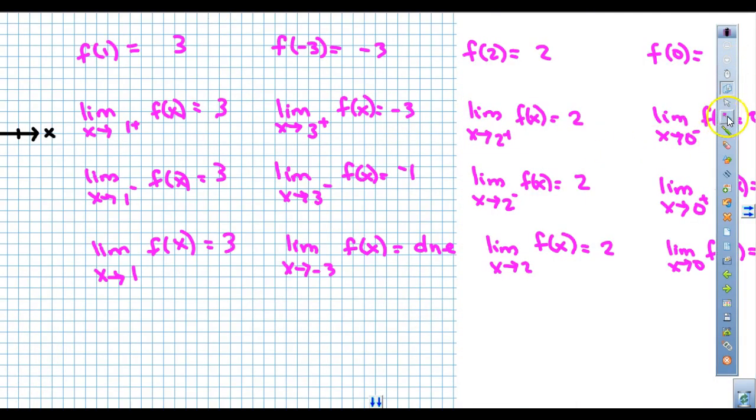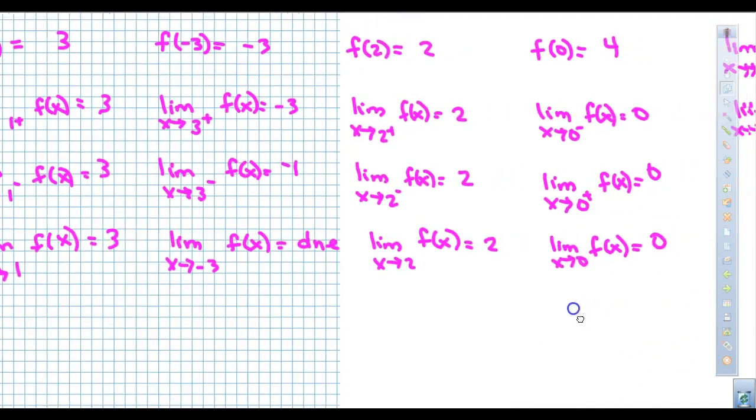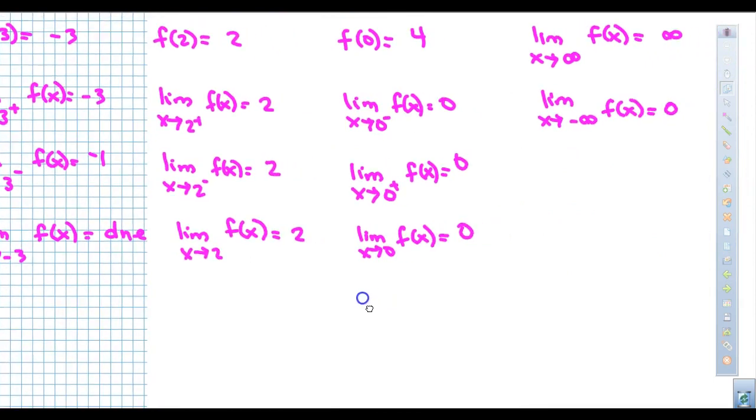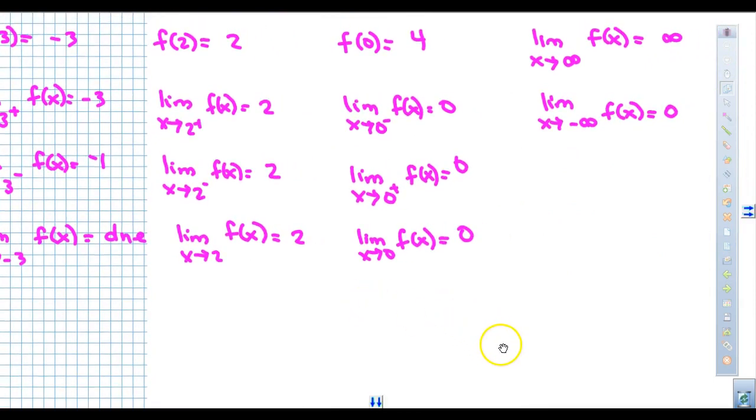Alright, so here are your answers. How did you do? I'll leave these up here for a few seconds. Of course, you can pause it to check it. Let me move these over so you can see them better, and then you can pause the video again at some point to check them. I know you made 100, no doubt about it.